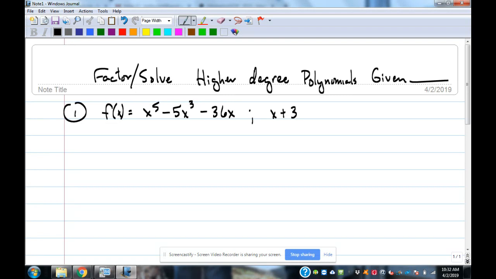If we're asked to factor and solve something, then we still get all of those things that we did with factoring. So with this particular problem, if we're going to factor that polynomial, even though they tell us that x plus 3 is a factor, what else do we know because we're smart that that's a factor of that?